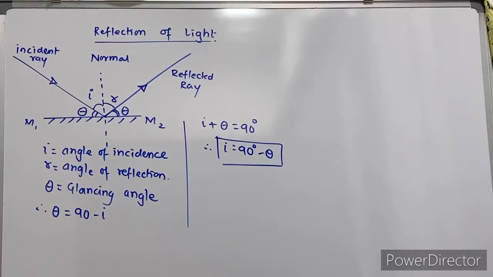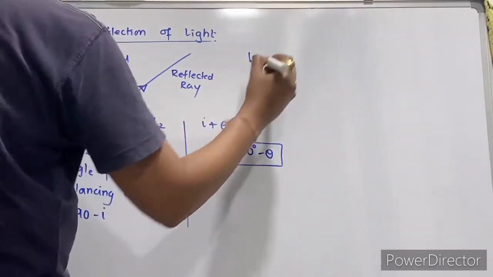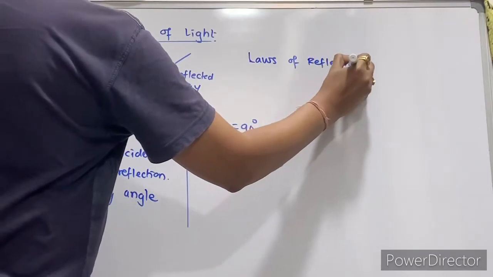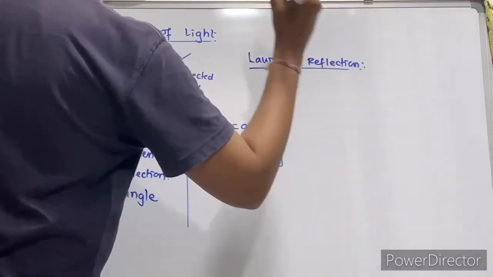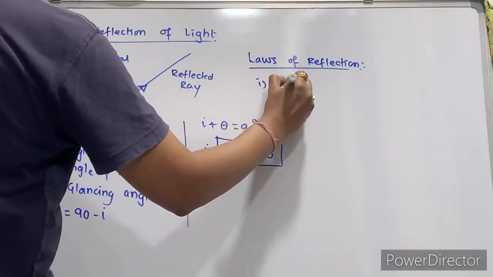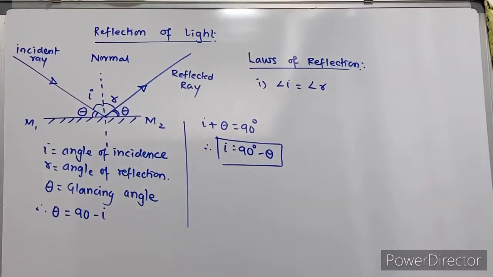Right? Now what are the laws of reflection? This is an important part, a frequent question. There are two laws of reflection. First law: the angle of incidence is equal to the angle of reflection.